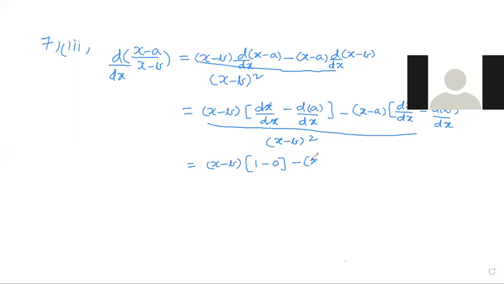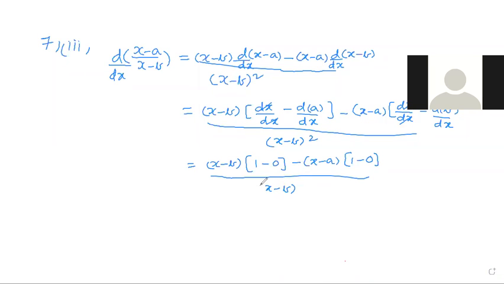Minus x minus a, dx by dx cancels. The derivative of constant b is 0, and the derivative of a constant is 0, over the denominator x minus b whole square.